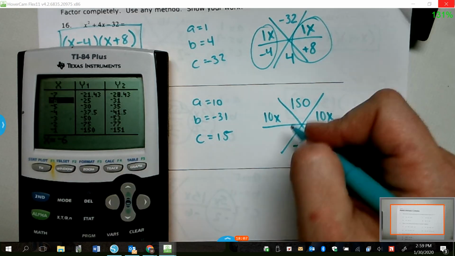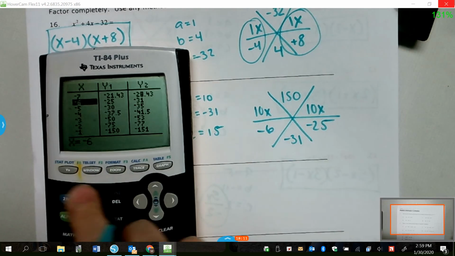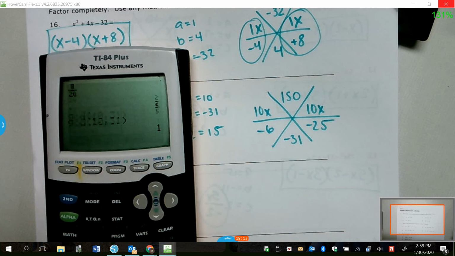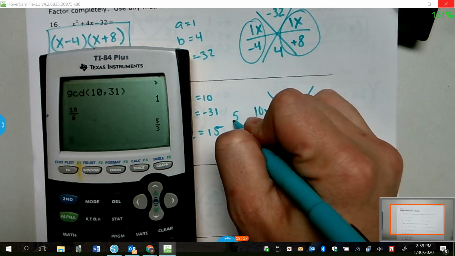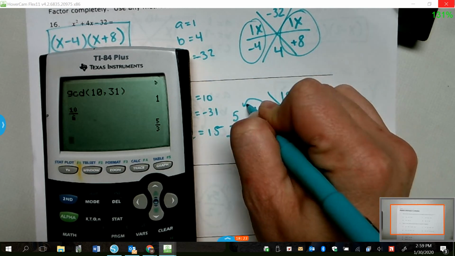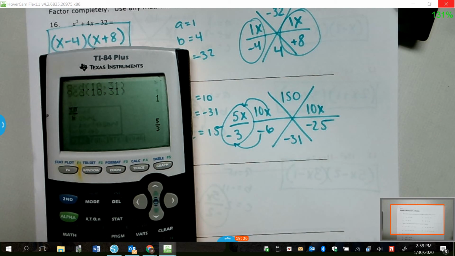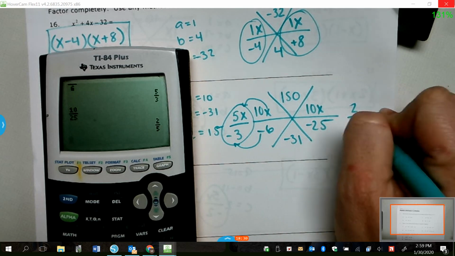So right here, negative 6, negative 25. So alpha y equals enter. 10 over 6 gives me 5 over 3. Bring over the negative, bring over the x. So 5x minus 3. 10 over 25 gives us 2 over 5.